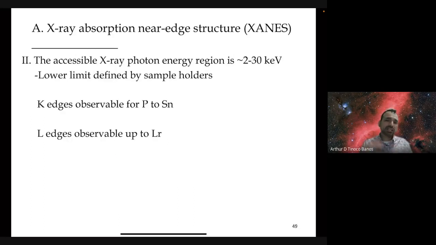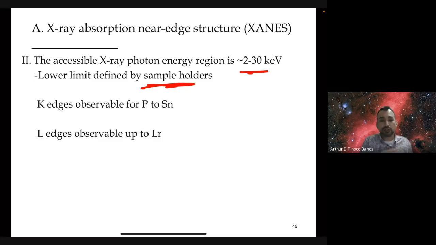So what is accessible to this experiment? The accessible X-ray photon energy region is approximately 2 to 30 kiloelectron volts. The lower limit is defined by the sample holder. So basically, what's going to define your limits of what you can detect? Well, your sample holder puts some amount of limitations, and so you have to be able to have an energy that's above 2.